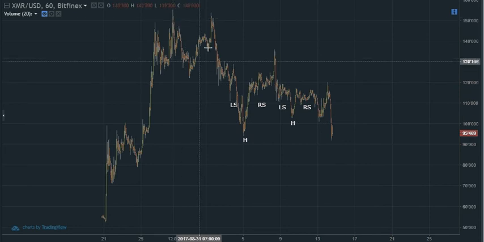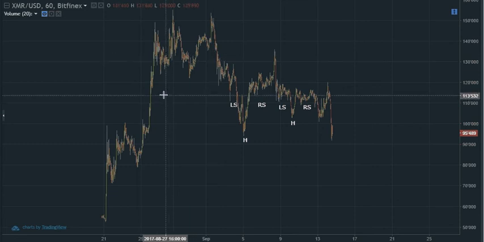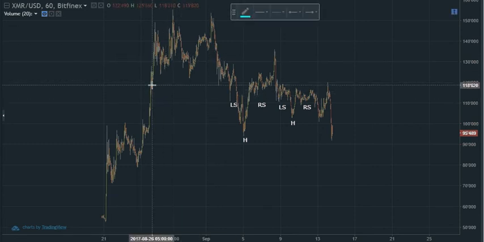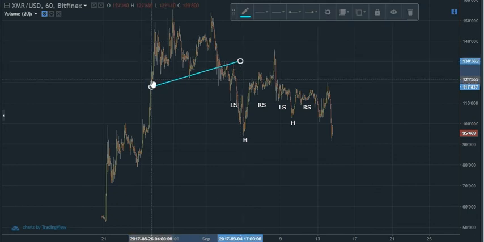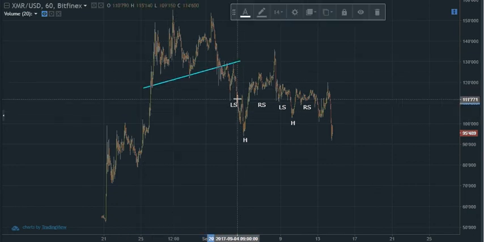I'm seeing what you would call, or what I would call, a double top here. Okay, it's a little messy looking, but similar to Bitcoin, it may have ended in a head and shoulders.